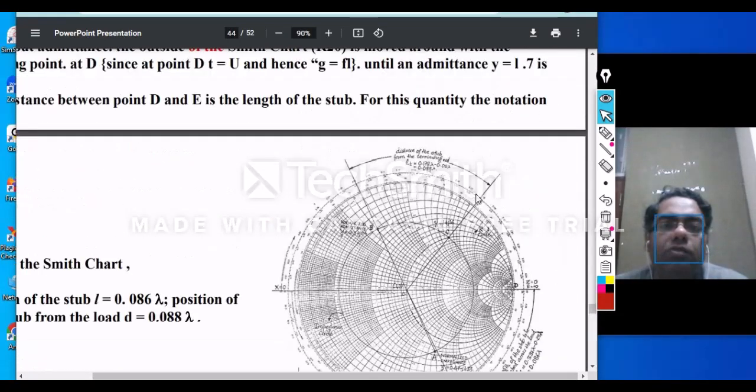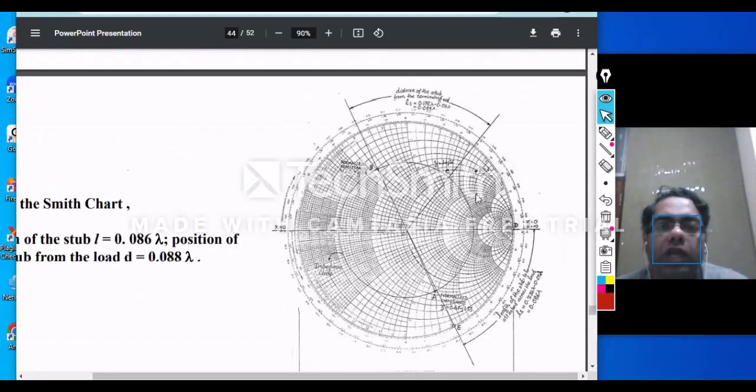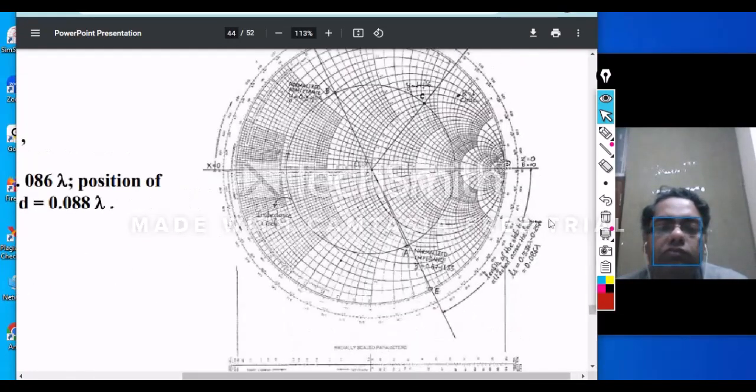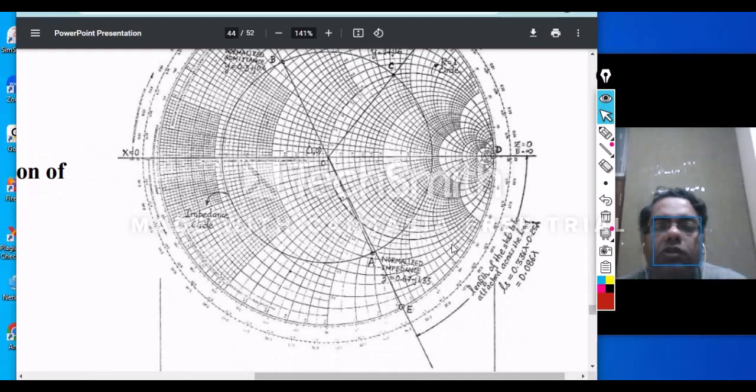See, the point is point A. As you can see, this point A is on the constant resistance circle R equal to 0.66, or approximately 0.67.